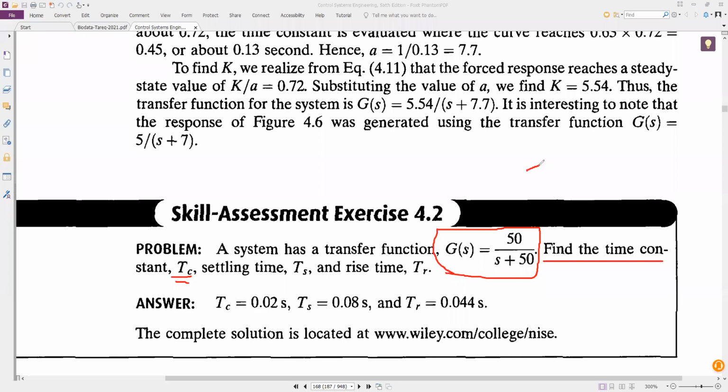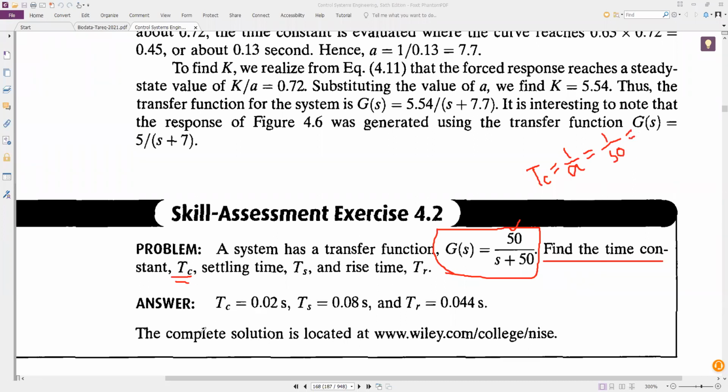So what is the formula of Tc? Anyone? Do you know what the formula is? 1 over a. Yeah, 1 over a. So here a is 50. So 1 over 50.